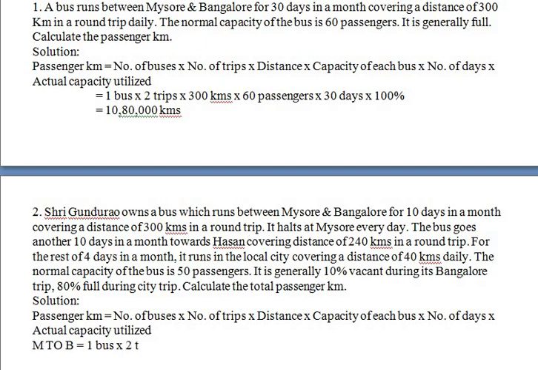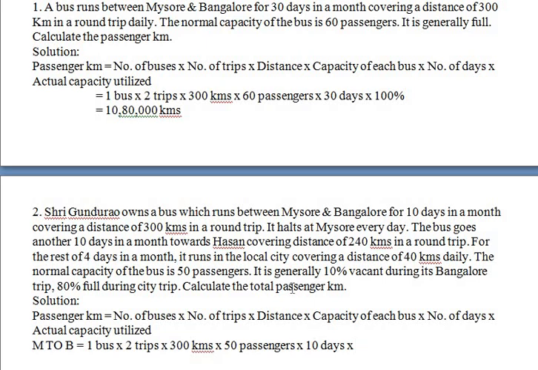It means there are two trips, into distance, covering distance of 300 kilometers, into capacity of each bus, 50 passengers they have given, 50 passengers into number of days, it runs only for 10 days, into actual capacity utilized.